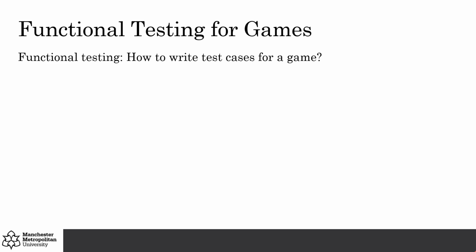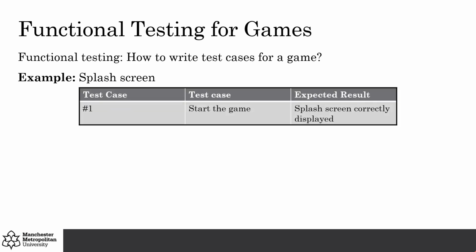And then in terms of writing test cases for a game, for example, if you're writing a test plan for your assignment, one of the first things you might test after you've completed the game is, does the splash screen work? Can they enter the game? So that could be your first test case. You could test to see if the user can start the game.